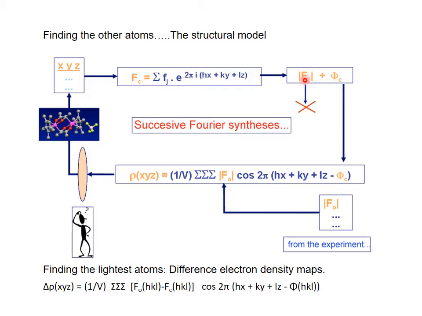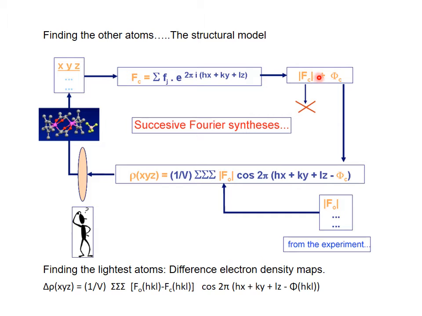You discard the calculated absolute value because we also have an observed structure factor, or the absolute value of it in form of the intensity, which is much better than the calculated one, because the observed one contains all the atoms while the calculated one only contains the zinc atom.